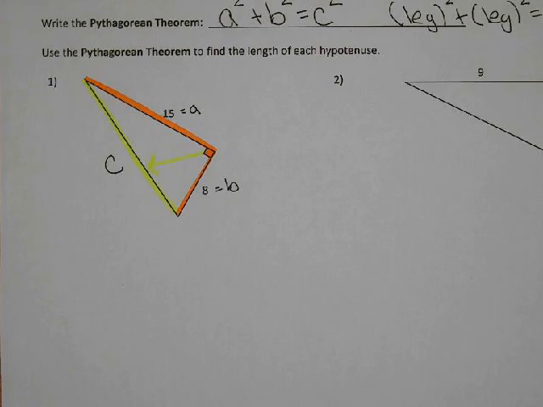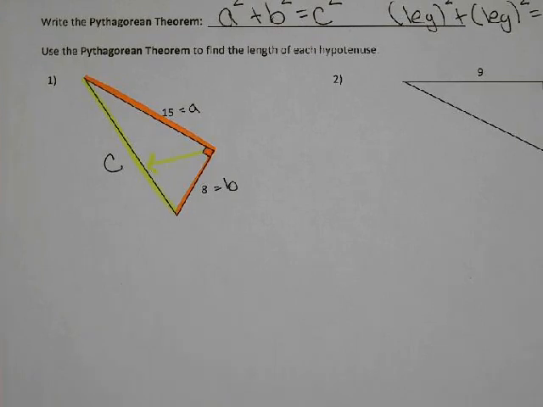What did it tell us was true? A squared plus B squared is C squared.